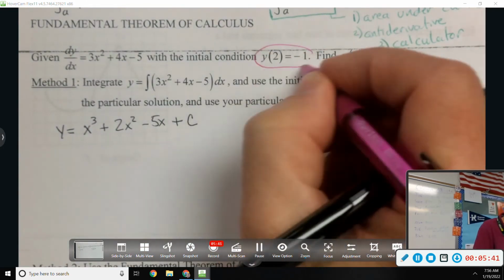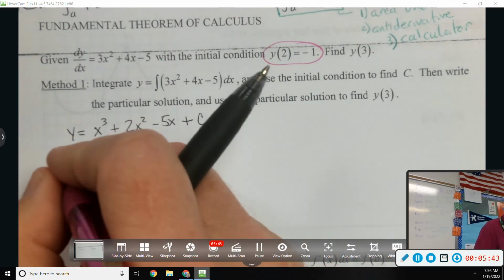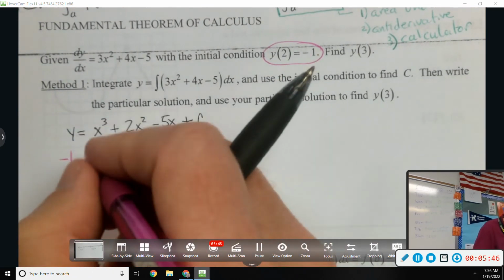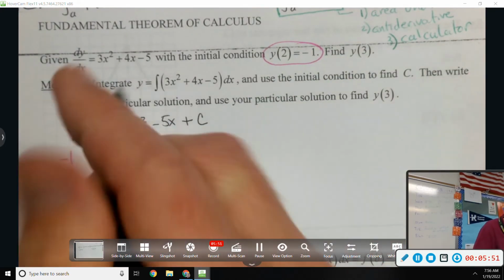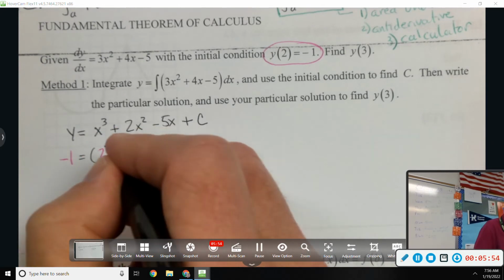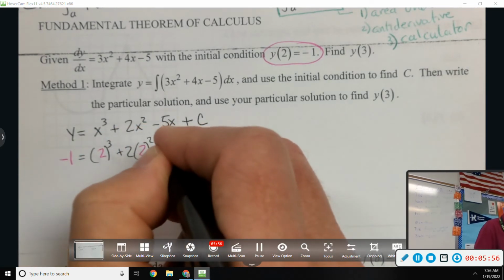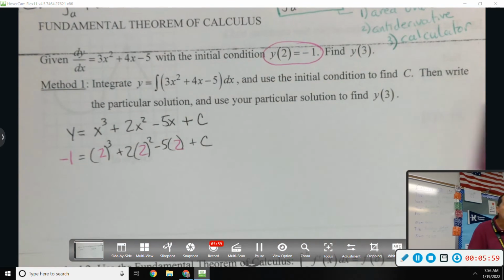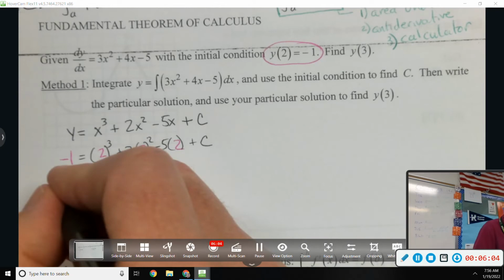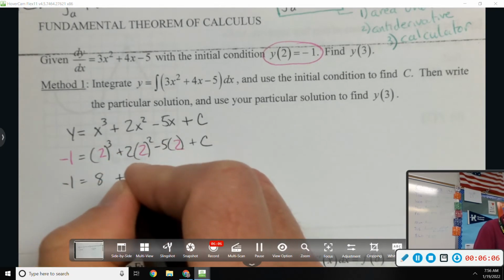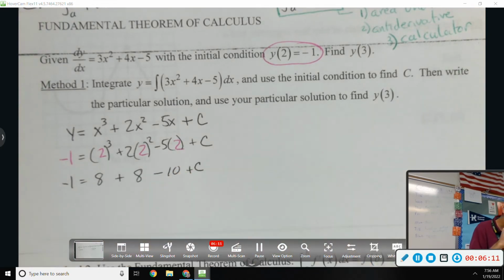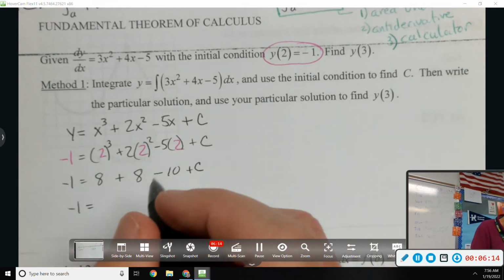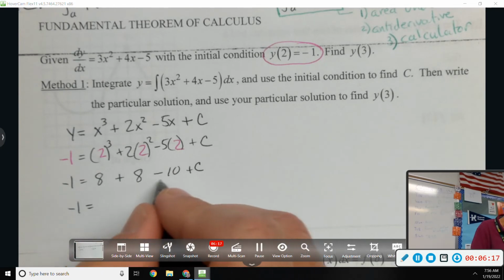But we know that y of 2 equals negative 1. So if I plug negative 1 in for y, 2 in for x, I can figure out what c is. 18 minus 10 is 8.